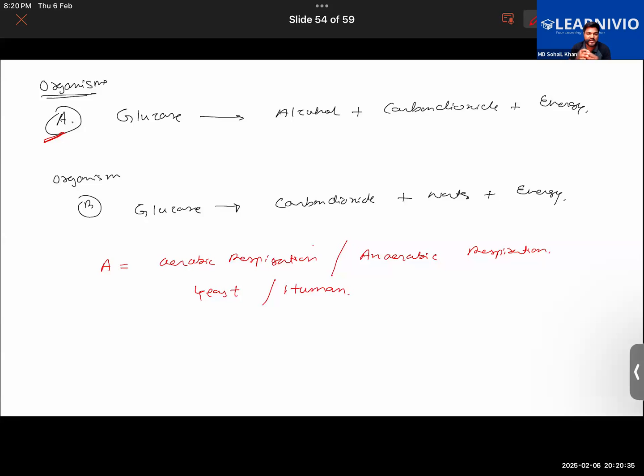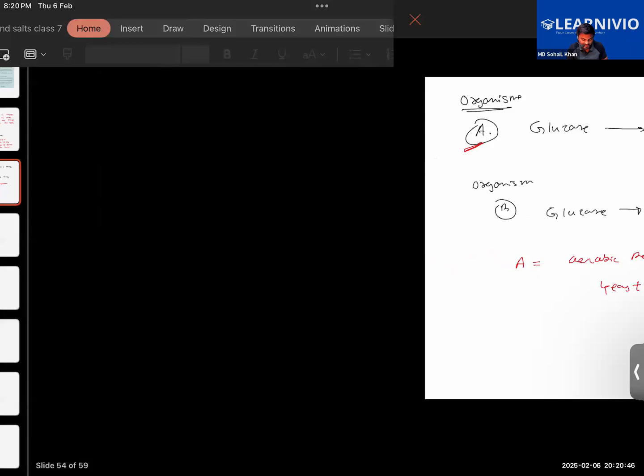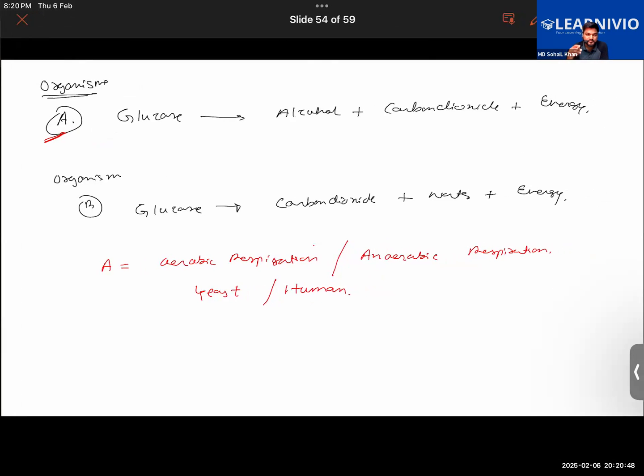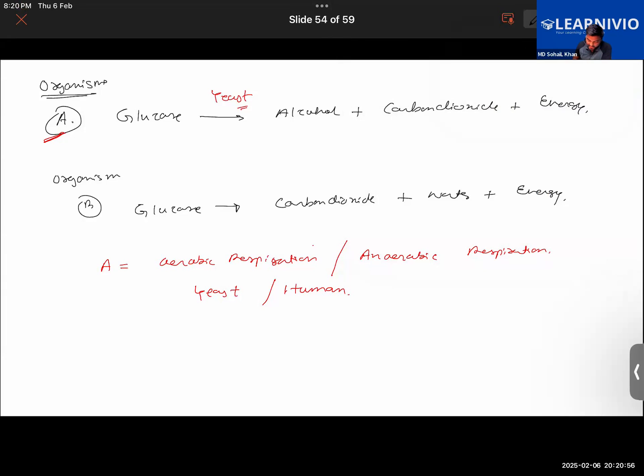What the yeast does is convert glucose into alcohol and give out carbon dioxide and energy. See, we had revised these things. Let's continue this question, then we'll get back to the chapter. So this is done by the yeast cells. The appropriate answer here is anaerobic respiration and yeast.